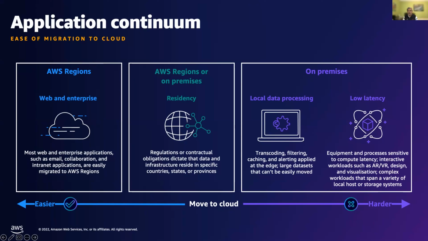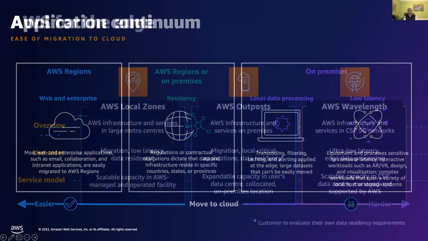So some of this is required for local data processing. And then finally, the third one is data residency, which covers security and tax regulations and data sovereignty. So those are the main types of applications and the reasons why you want to be on-prem or closer to the edge, outside of a cloud region.